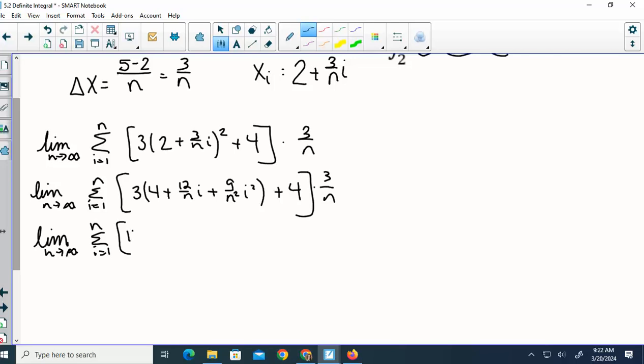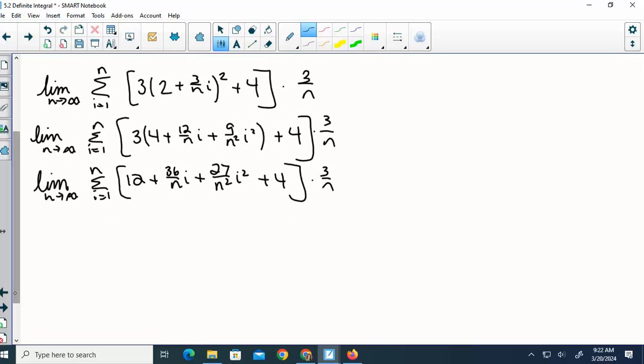Distribute my 3, we get 12 plus 36 over n i plus 27 over n squared i squared. And so have that plus 4 on the end. And if you guys don't need to show as many steps, that is totally up to you. But I just think that might help us with some of our mistakes if we show a little bit more.